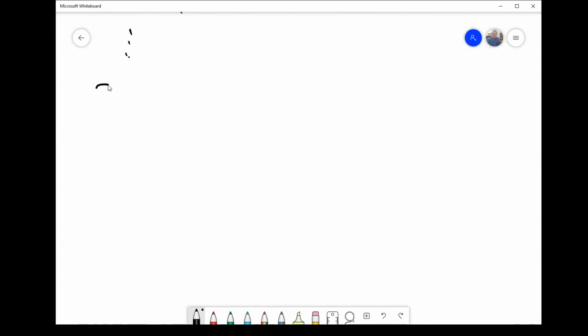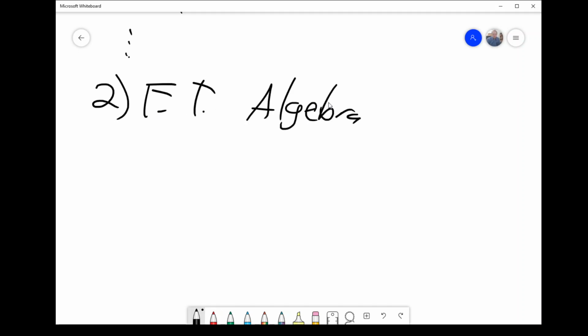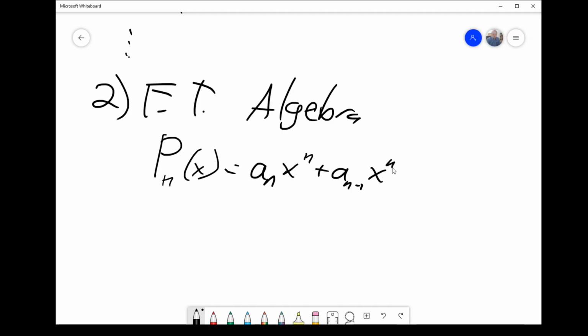There is also a fundamental theorem of algebra. This theorem says that if you have a polynomial of degree n, so that means when you write out all the terms, your highest exponent of x is n, and then you have different coefficients counting down all the way down until you have a constant times x to the 0 or 1, so just a constant term at the end.